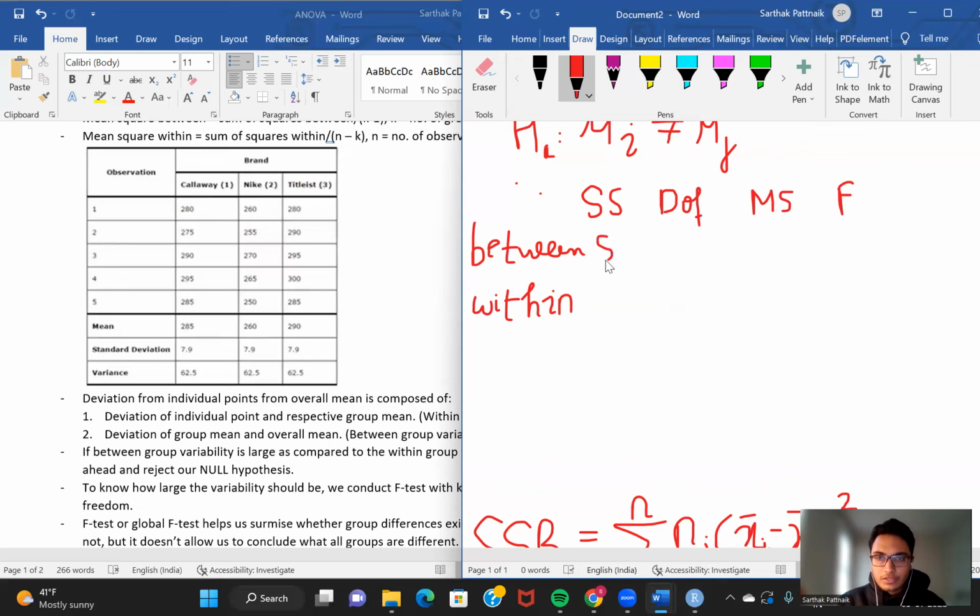Sum of squares for between is SSB. For within is SSW. Degree of freedom for between is K minus 1. For within is N minus K.